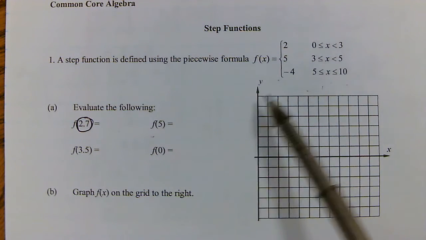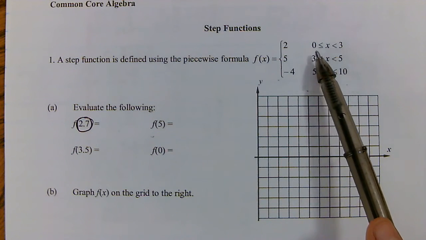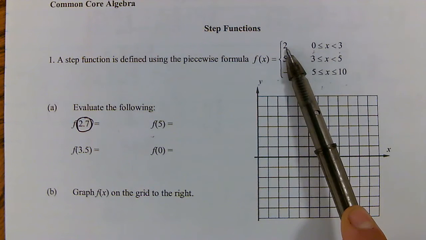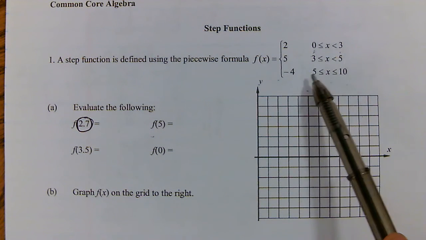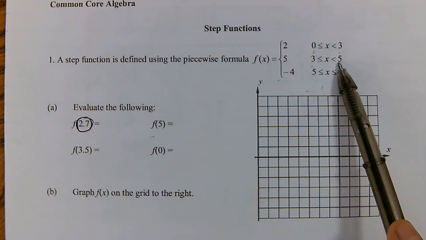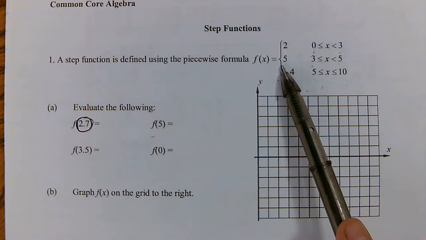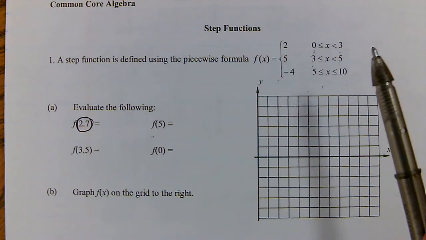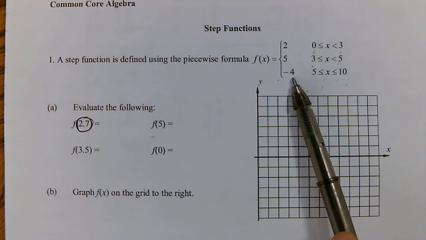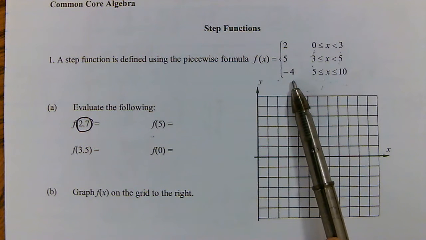So when x is between 0, can equal 0, and up to almost 3, your value is going to be 2. When your x value is greater than or equal to 3 but less than 5, your answer is going to be 5. When it's greater than or equal to 5 but less than or equal to 10, it's going to equal -4.